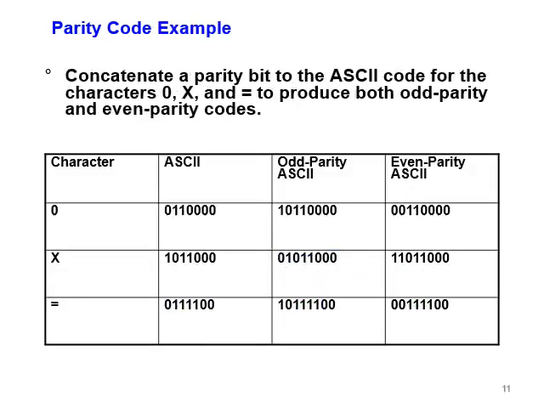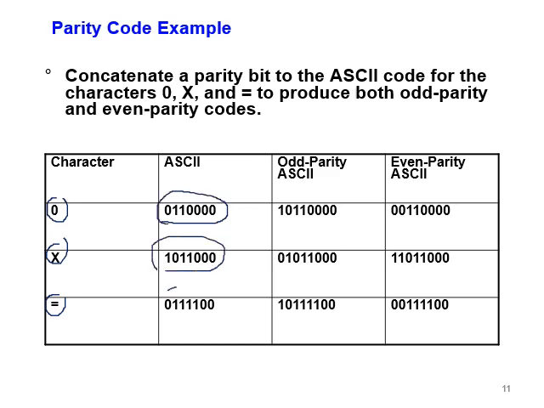Okay, now a parity code example. Have a look. If I want to represent 0, x and y, now these are the characters. This is 0 and this is x and this is equal. Okay, now ASCII is represented here in this way, 7 digits, right?